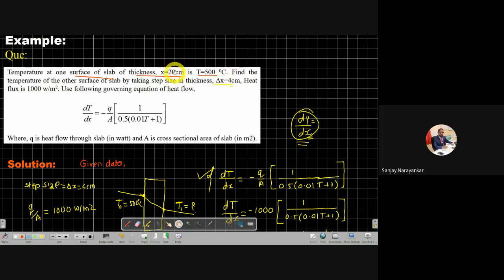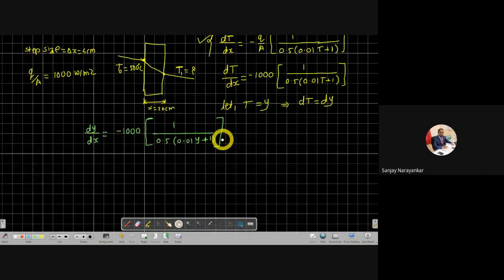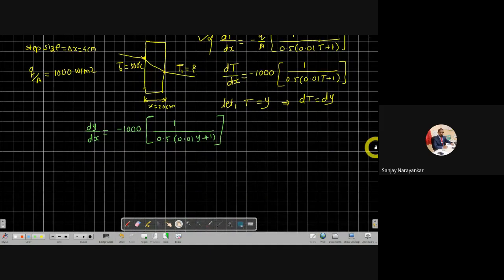So it's better to convert these two terms into meter. So I'm going to convert that into meter, right? So basically, what is that information? That information gives us that when x is equal to 0 meter, your temperature is 500 degrees Celsius. And when x is equal to 0.2 meter, you have to find out what the temperature is.